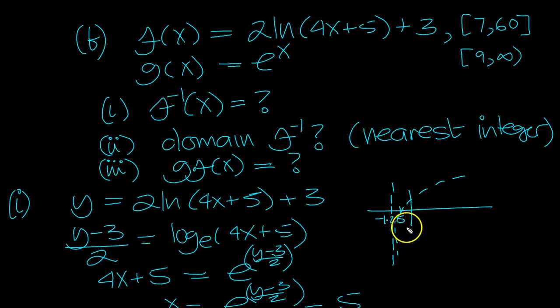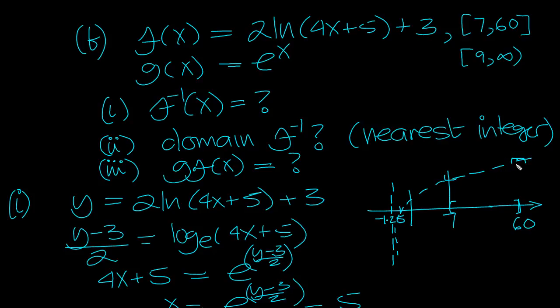Basically we're going from 7 up to 60, and there are the points that I'm interested in. And the curve just carries on going up, doesn't it? Because this is closed and this is closed, these are closed points on the y-axis. And that would be the domain of f minus 1, because that's the range.